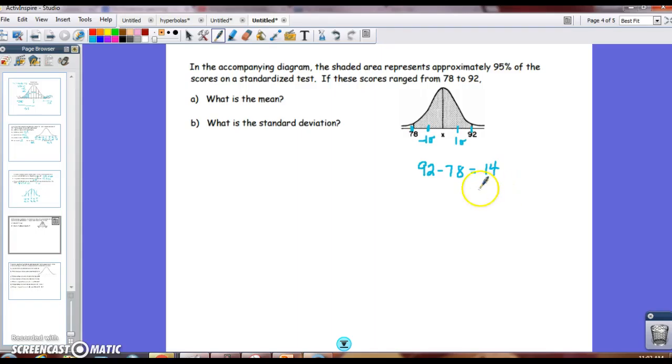So if I divide 14 by 4, that gives me 3.5. So each standard deviation is 3.5. If I add 3.5 times 2, so 7, to 78, that gives me 85. So my mean is at 85.